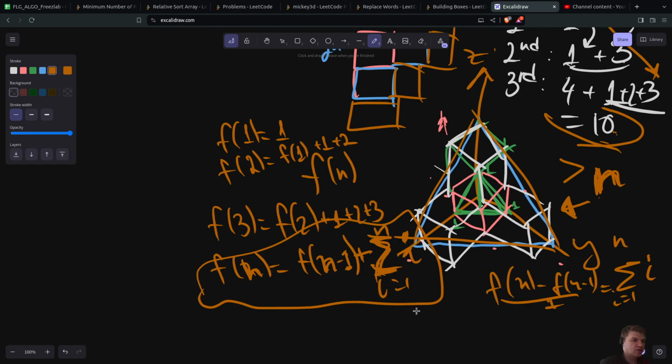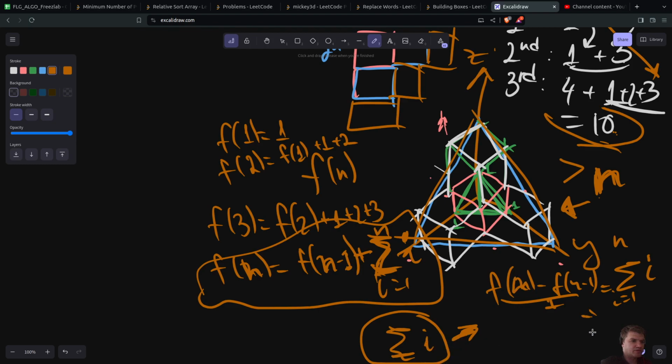So delta equals the sum, and it means that delta is increasing, not with a constant factor, but with a factor that depends on n.